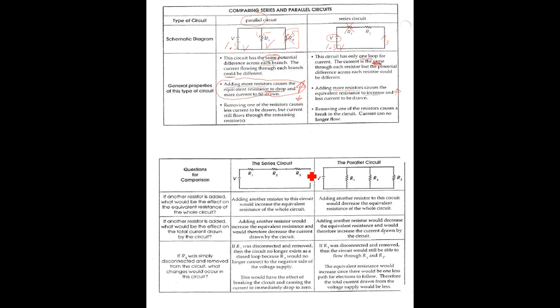Again, here we have 3 of them, so a little bit nicer than at the top. So if we add another resistor to this one, and this is a big one, it will increase the overall resistance of this particular circuit. Adding another resistor here is going to decrease the resistance of this circuit.